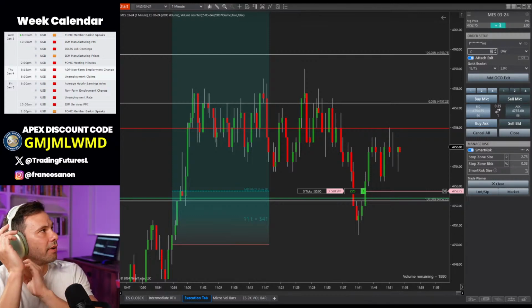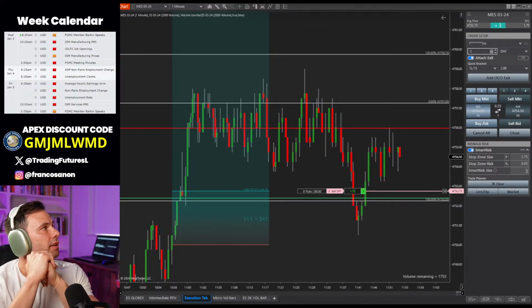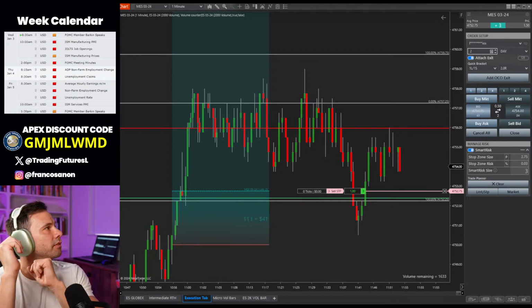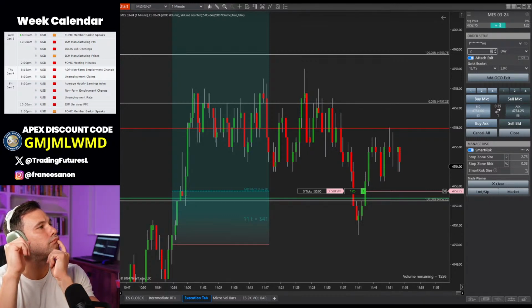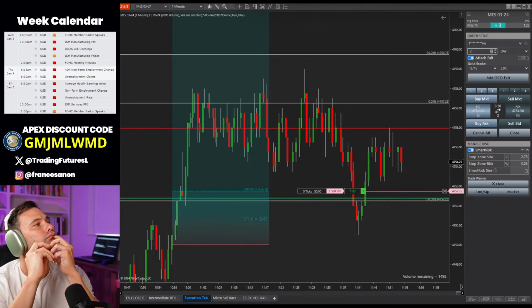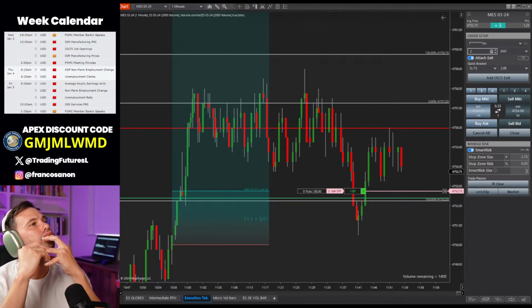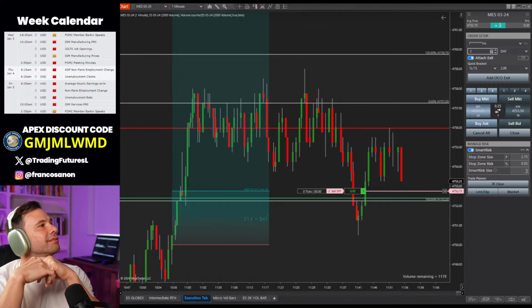So last 5 minutes on the 15. Let's see what this candle brings us. Tick is very negative.